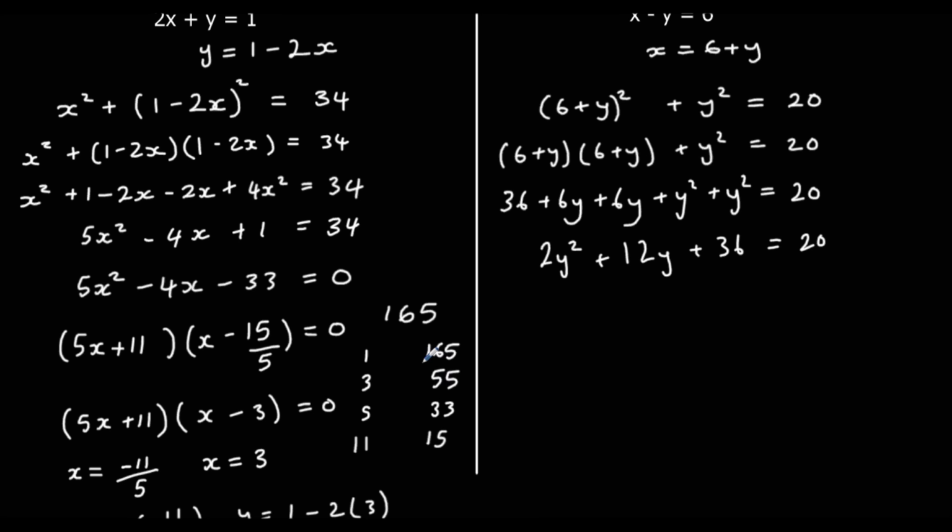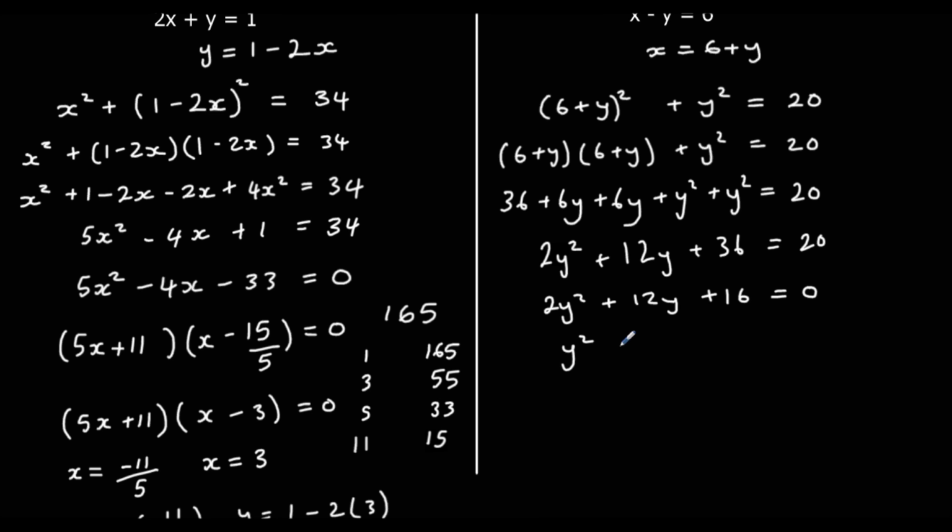We need to make it equal to 0, so take 20 away from both sides. So 2y squared plus 12y plus 16 equals 0. And you can see all of our terms are actually in the 2 times table. So we can divide everything by 2.